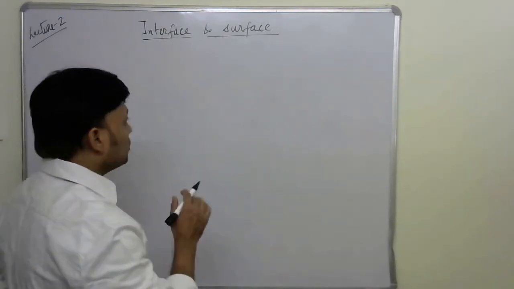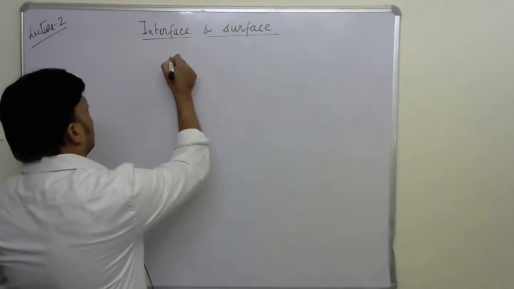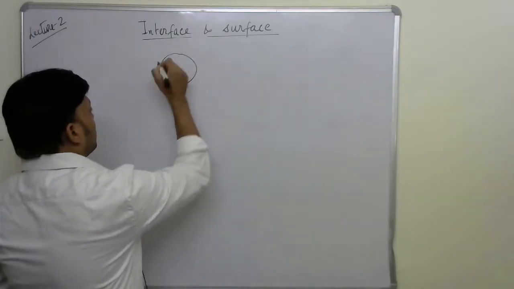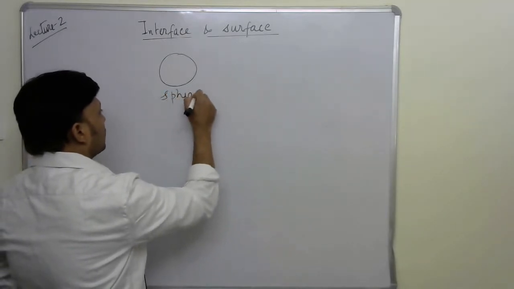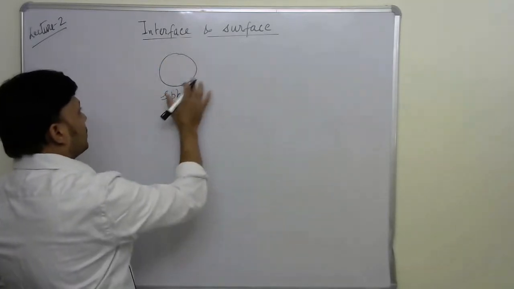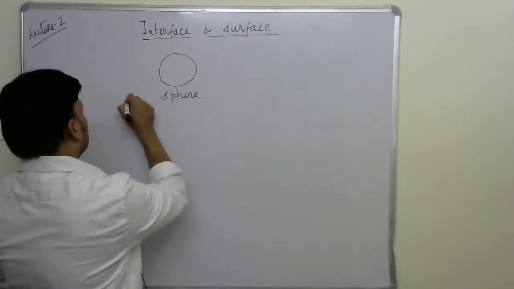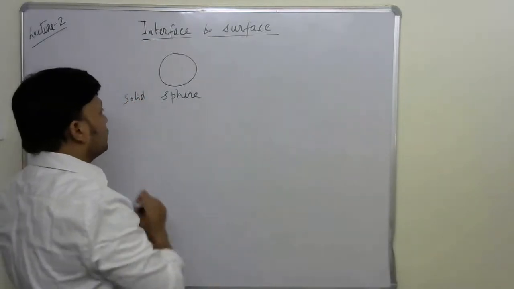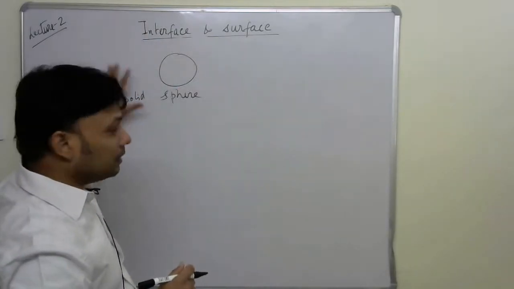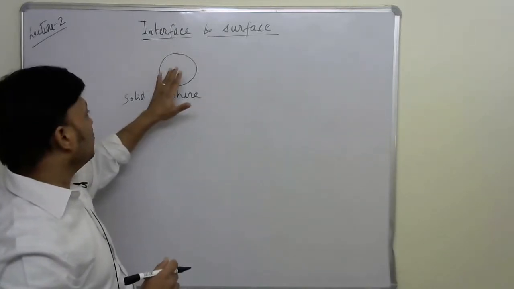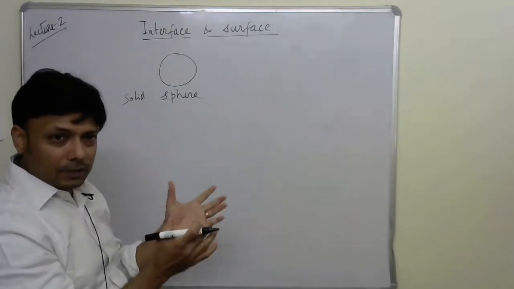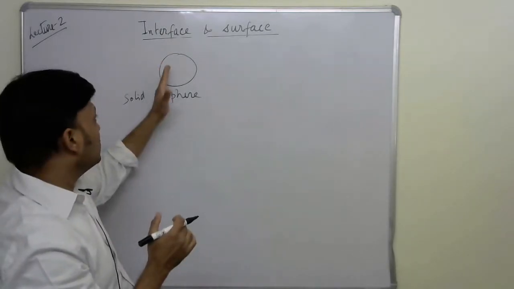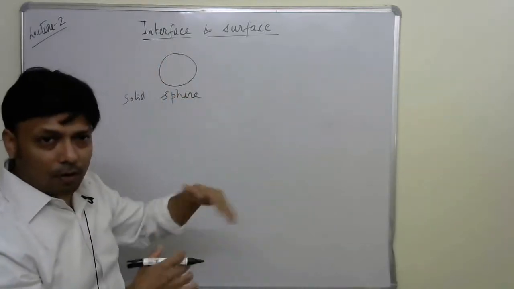Okay, so just imagine we have a sphere. Okay, so this is a sphere and it is a solid sphere. So solid sphere means outside it is air. Okay, so that means the outer area or the interface is actually a surface, because the sphere is interfacing air or vacuum.